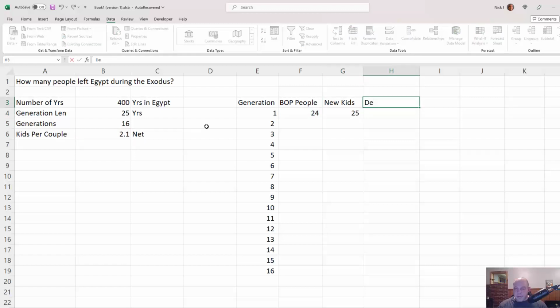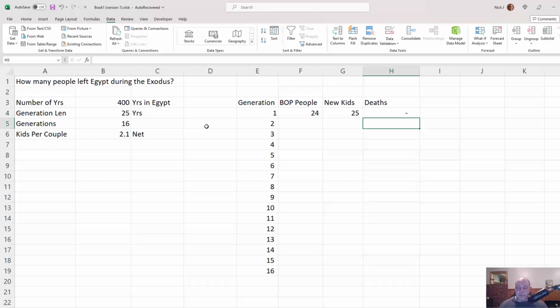And now as far as deaths go, well, let's assume no one dies until they're 50. So at age 50, everyone dies. That's their oldest age you can get. Again, this is a high mortality period, so that's probably about right. So there's no deaths in the first generation because it's only 25 years long.